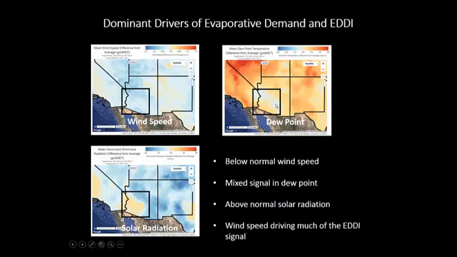The dew point signal was mixed. There's a little bit of blue, which would be drier conditions, but a lot of near normal, and orange, which is actually more moisture. And the solar radiation was also above normal, which would be less clouds. And so to me, without doing the full decomposition, this shows that the wind speed was really driving the EDDI signal and not the temperature or the other drivers.